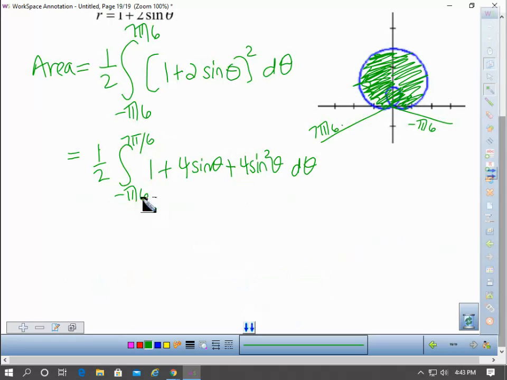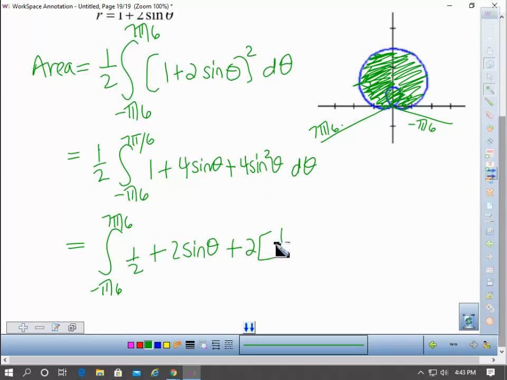So now I can do my substitution and distribute my 1/2. So that's going to be negative pi over 6 to 7 pi over 6. That's going to be my 1/2. That'll be 2 sines, and then I'm going to distribute that. It'll be 2, but I need to replace my sine squared with 1/2 minus 1/2 cosine 2 theta.